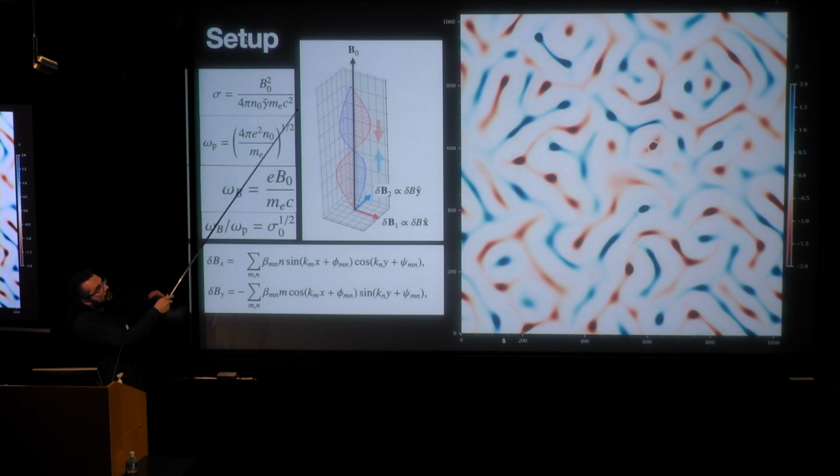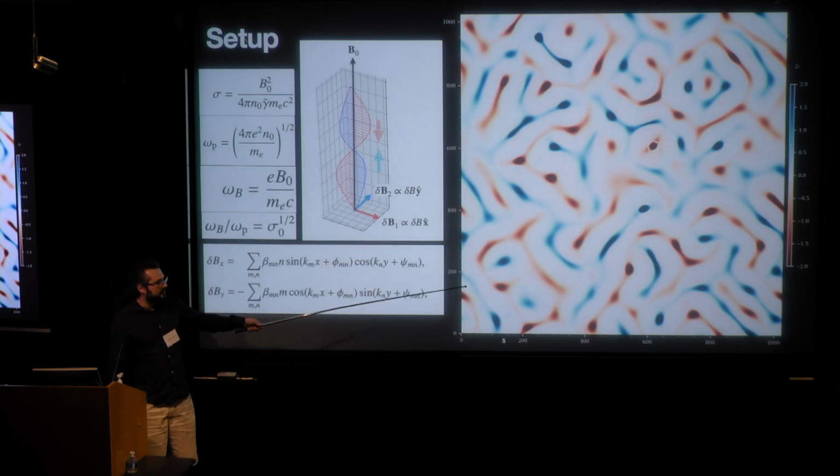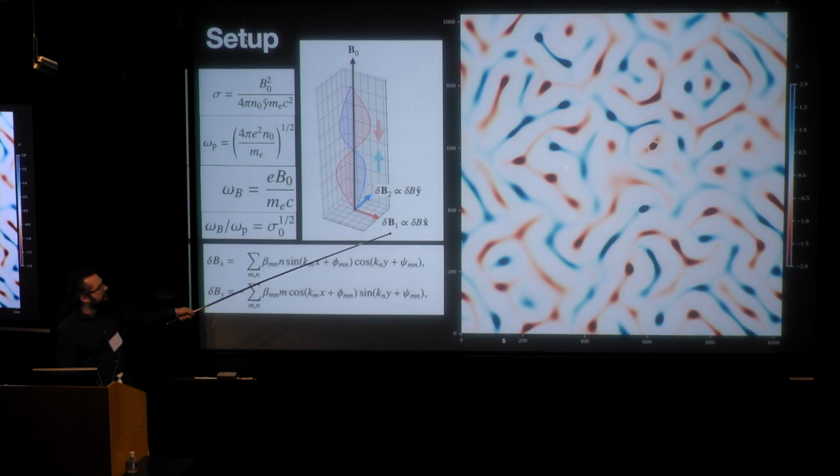That means that the magnetic field energy is 10 times more than the rest mass energy of the plasma. We set a constant magnetic field out of the plane, and for the x and y components we have some sort of harmonics, in this example up to 8. We have the first several harmonics in the perturbation of the x and y magnetic field. Also, the size of those perturbations is about the same order of magnitude as the z component of the magnetic field.